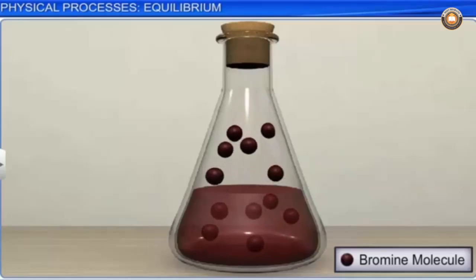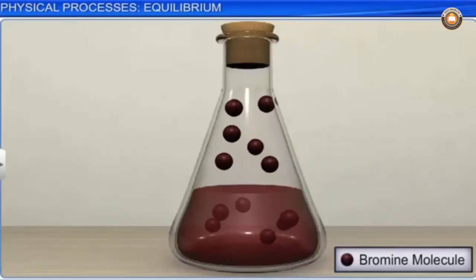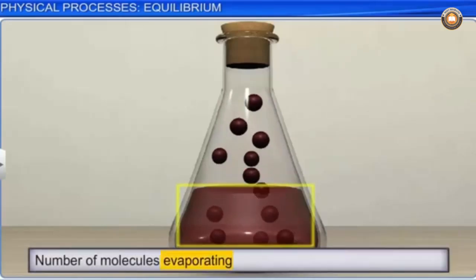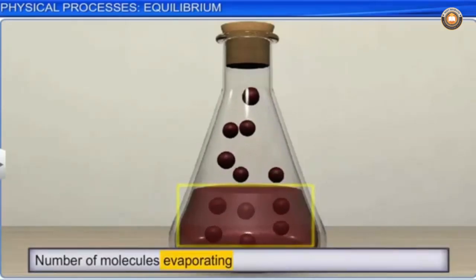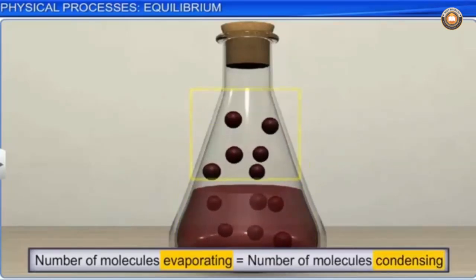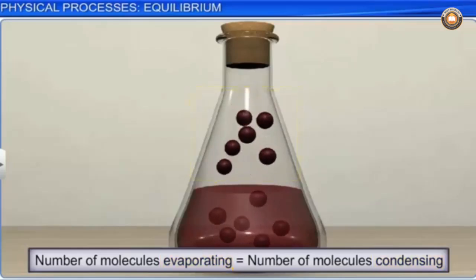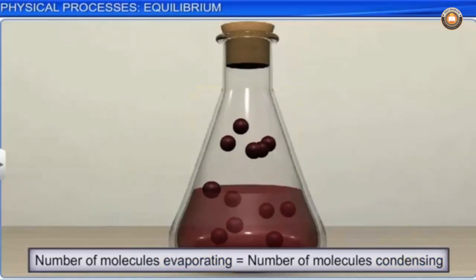After some time, the number of molecules evaporating from the surface in a given time becomes equal to the number of molecules condensing on the surface during the same time. At this stage, equilibrium is said to have been established between the liquid and the vapor phase.